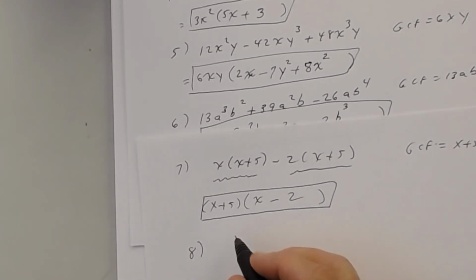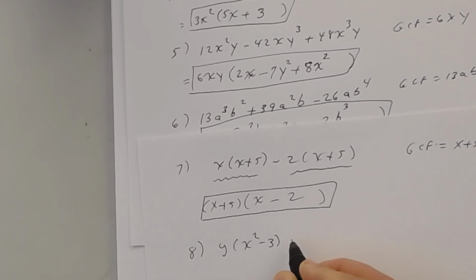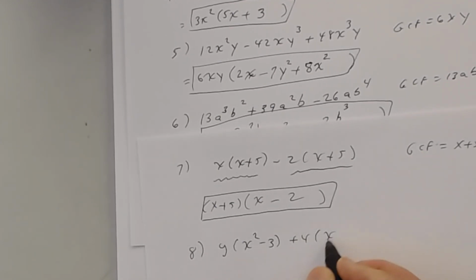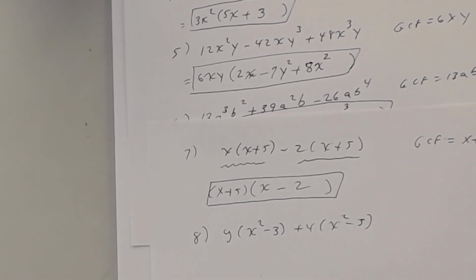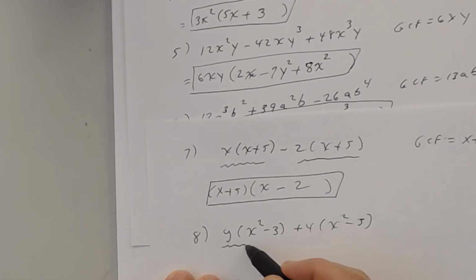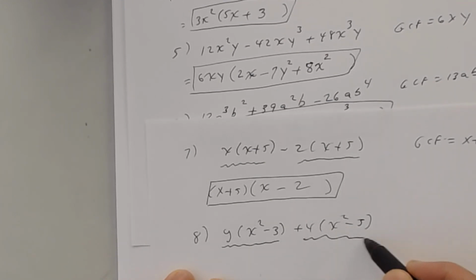So if we look at number 8, we have y times x squared minus 3 plus 4 times x squared minus 3. We're about to see something like this, so you need to recognize that this structure, the way it's written, is that you're going to group this 2 together and this 2 together.